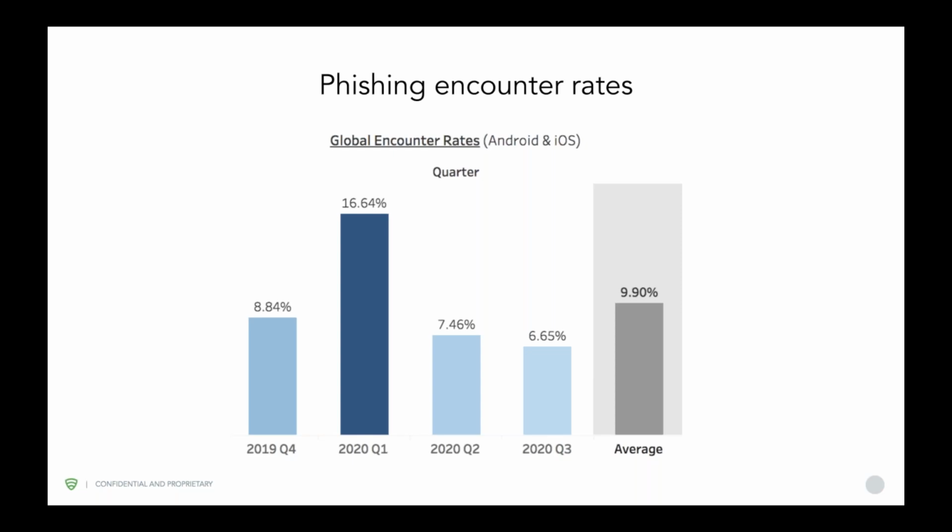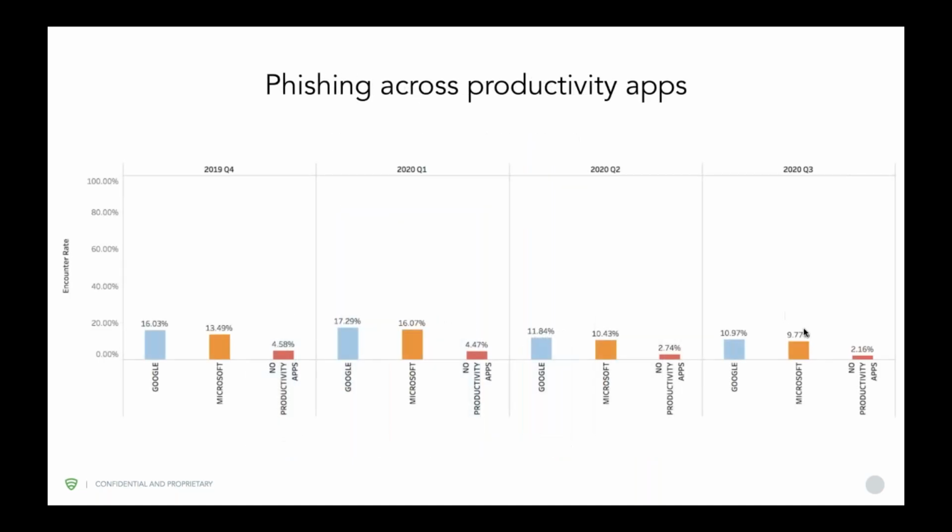In some cases, the applications that you're running can draw attention. And I think this slide here, what I just want to show briefly, is that across the productivity apps, namely Google Workspace, which is obviously the main point of this discussion today, as well as Microsoft Office 365, we are seeing high rates of phishing.